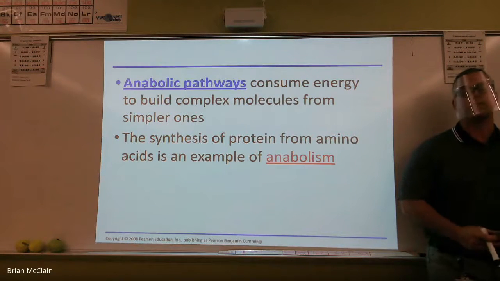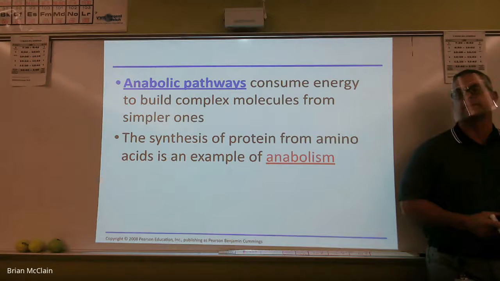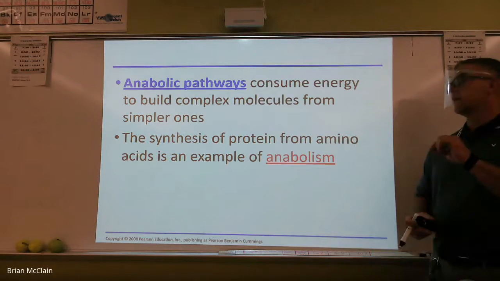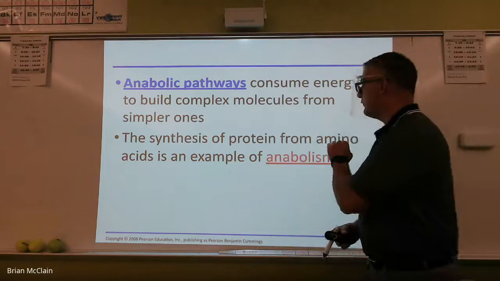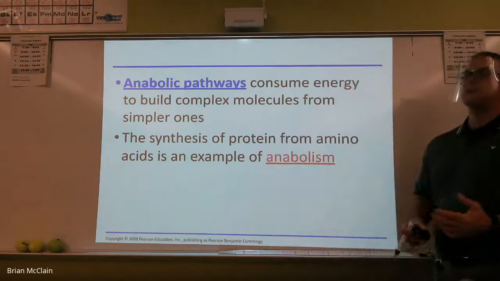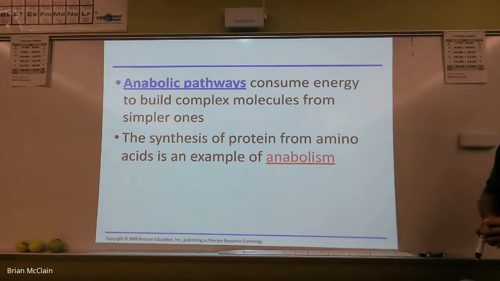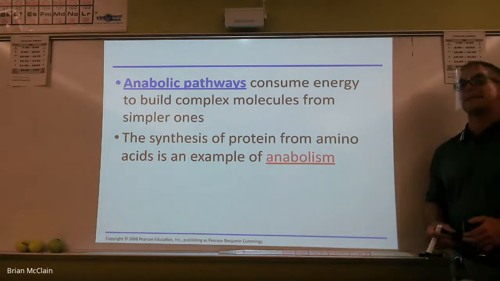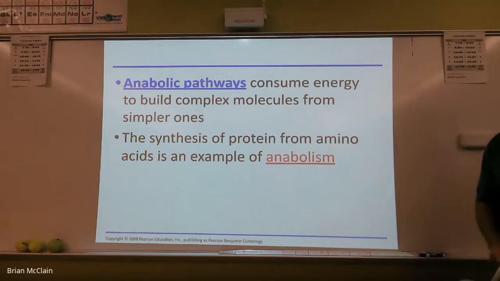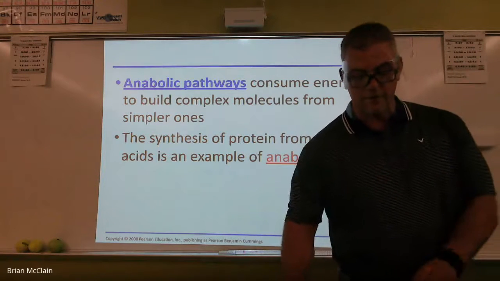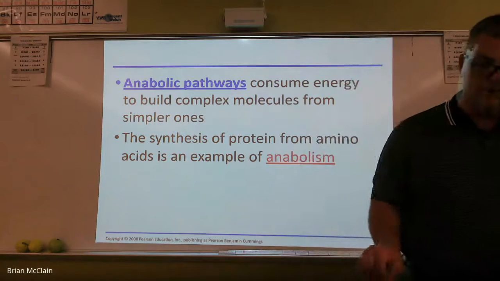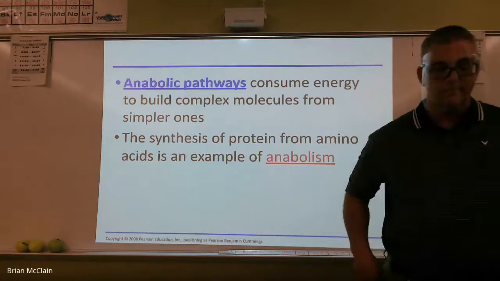When you're building the primary structure of a protein, you're taking monomers, which are the amino acids, and you're forming a polymer by forming polypeptides out of that. So that requires energy. That's an anabolic process. So we can go through lots of things in our anatomy and our biochemistry.